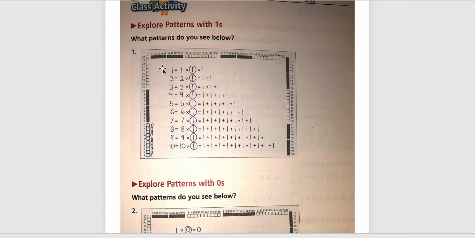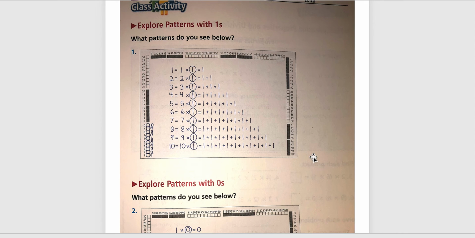Maybe you notice how our answers are increasing or going up by 1. Maybe you notice our repeated addition keeps adding one number as they go on. Maybe you noticed over here that our squares are just circled by 1.